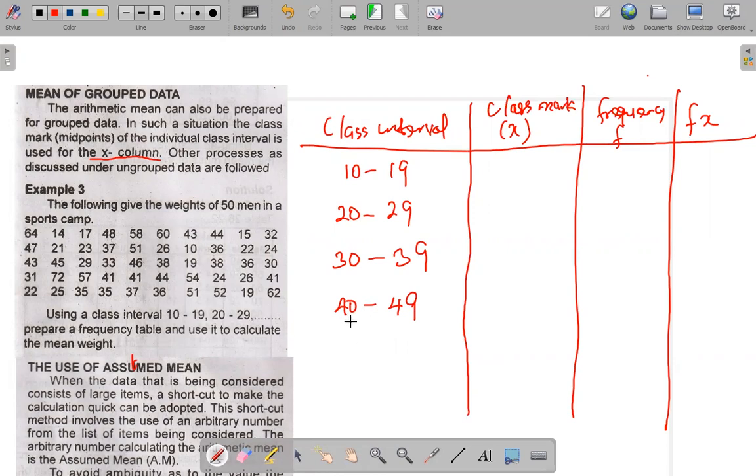Let's still continue. I have 50 to 59. 60 to 69. I think 64 is the highest item there, so I can stop here also. Let's check. Oh, we have up to 72, but we'll still continue. 70 to 79.